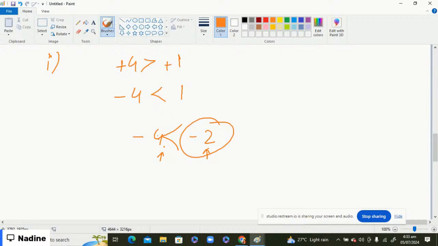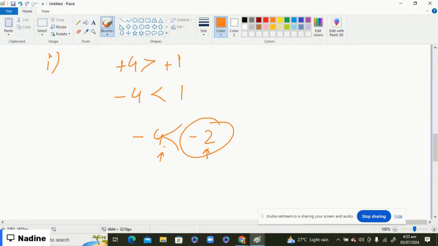But if the plus number is small, like 1, 2 and 3, and the minus number looks large, like 1000, 100, 60, 70, then you can say that a positive number is greater than the negative number, although the negative number looks bigger.